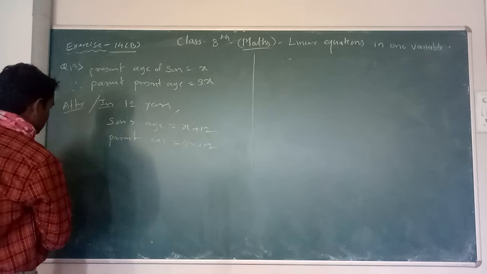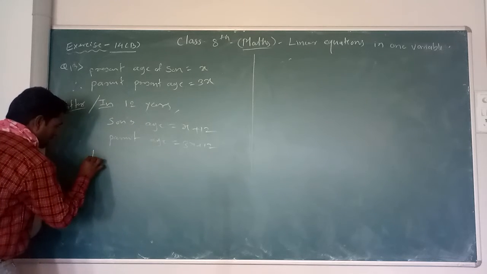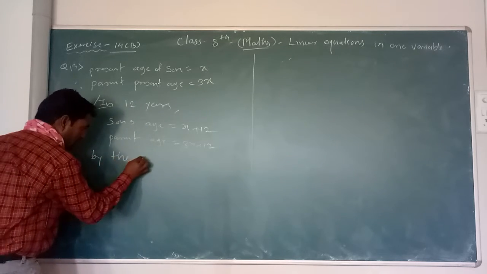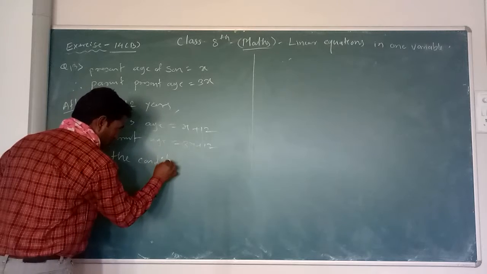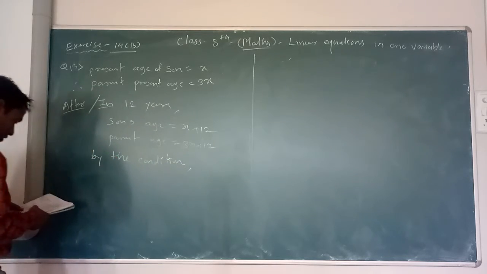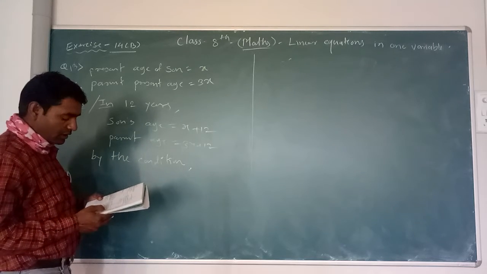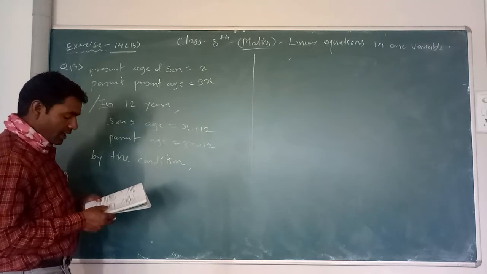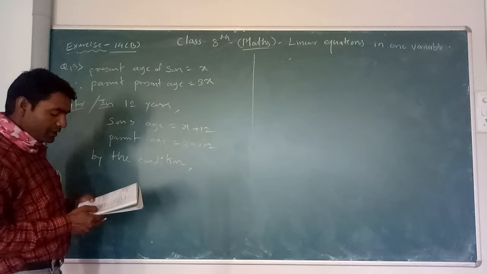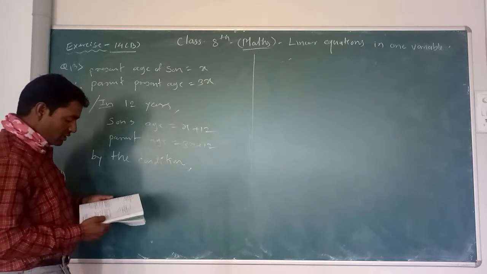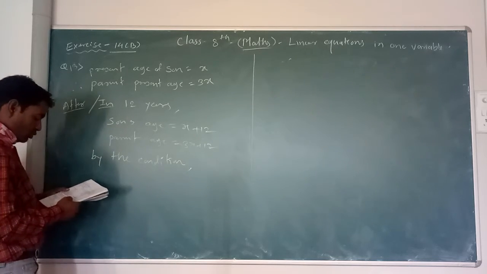Now according to the question, by the condition. What condition is given in the question? A man's age is 3 times that of his son's age, and in 12 years he will be twice as old as his son would be.